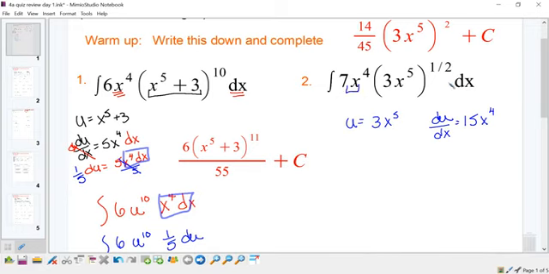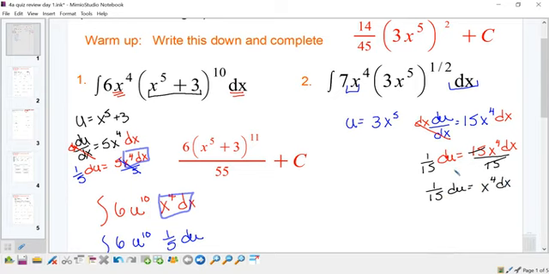I see I have my x to the 4th and my dx, so let's get that isolated. All right, so I got 1/15 du equals x to the 4th dx. So when I rewrite my integral, I've got 7 u to the 1/2, and then x to the 4th dx, I'm going to replace with 1/15 du.